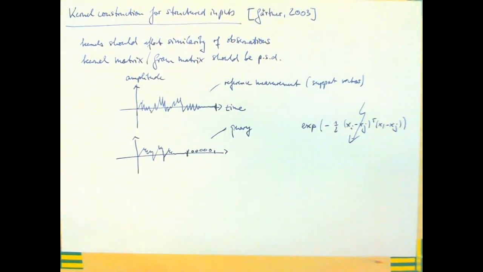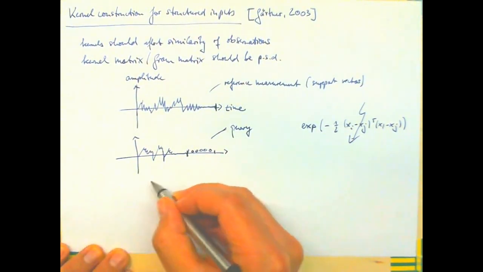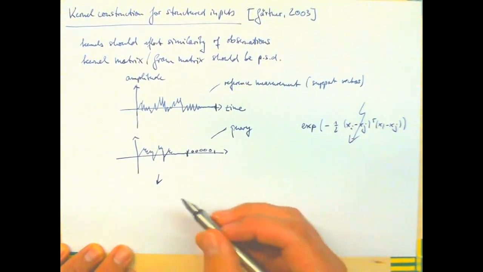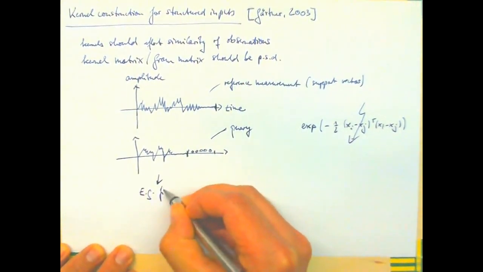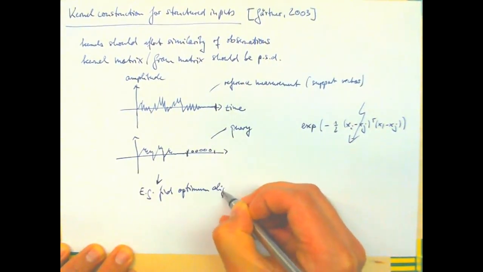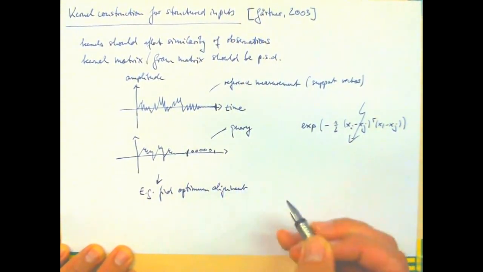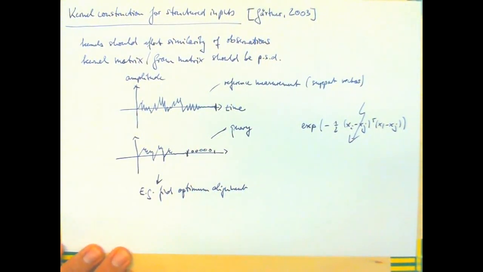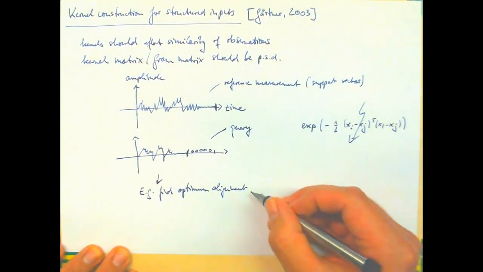Do you have a suggestion what you would do with that kind of signal? Yeah. So you would try and find the optimum alignment. Okay. And by stretching or compressing, now there are many, finding optimal alignments is a big field of research in itself. And what you could do would be, for example, to use dynamic time warping.